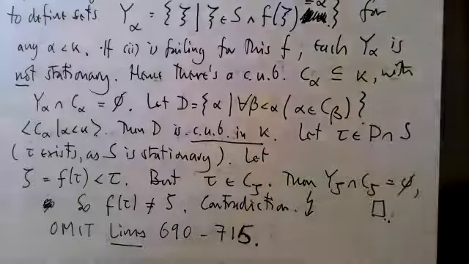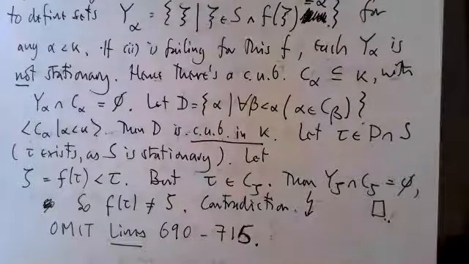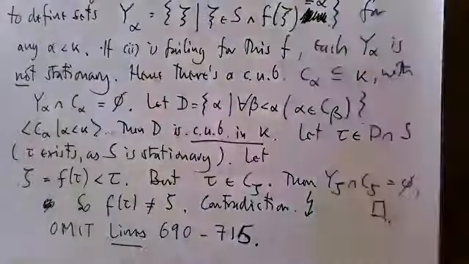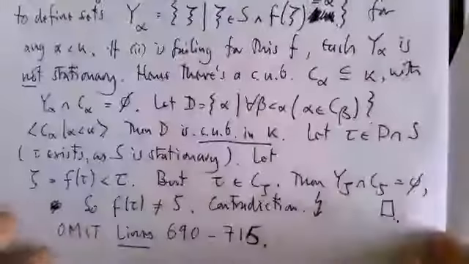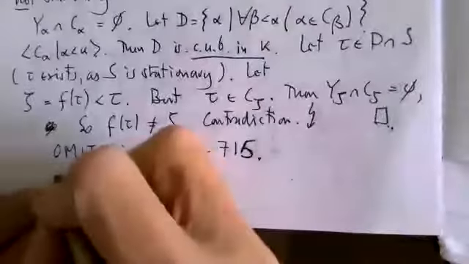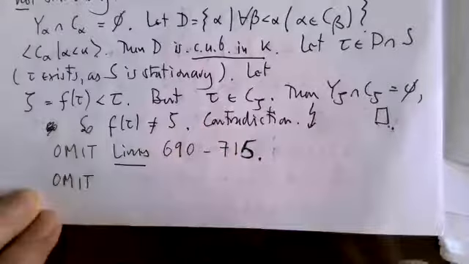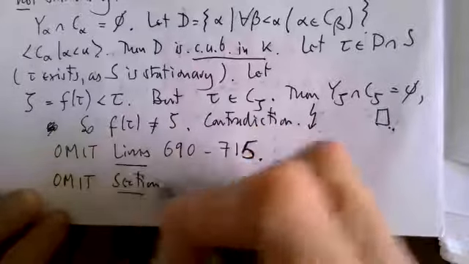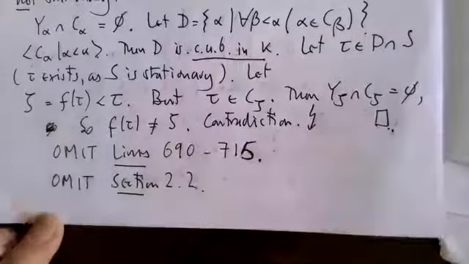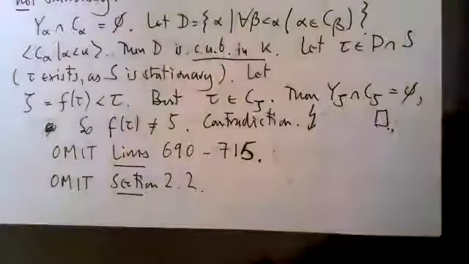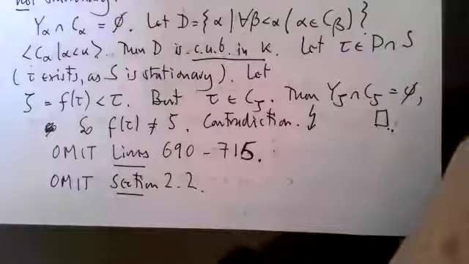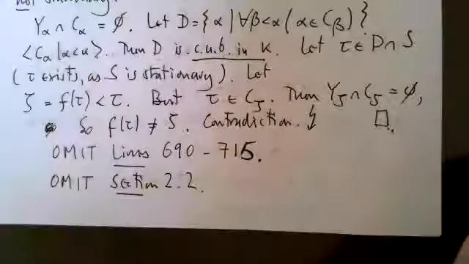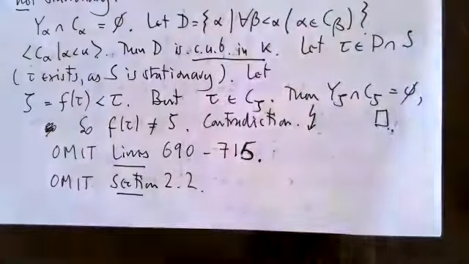We're also going to omit the next section. I believe I already said that, or put that up on the course site. So we're also going to omit, you'll be pleased to know we're not doing everything in these course notes, section 2.2, so lines 716 to 757.